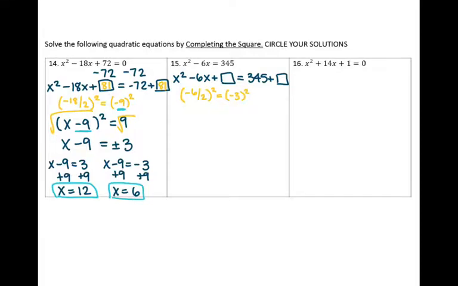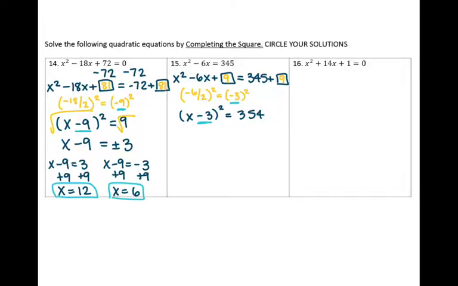Negative 3 squared is 9. It's negative 3 times negative 3, and it is positive. Two numbers that multiply to 9 and add to negative 6 are negative 3 and negative 3. So x minus 3 squared equals 354. Friendly reminder, shortcut: half of b is what goes in the parentheses.